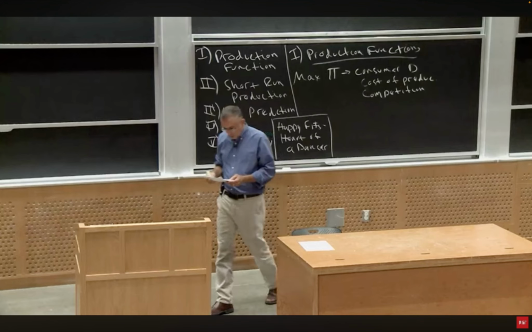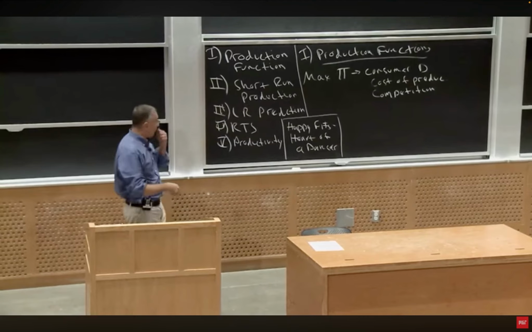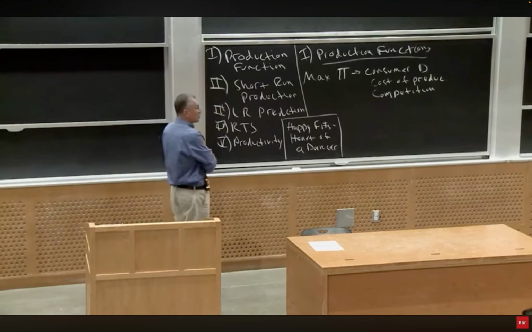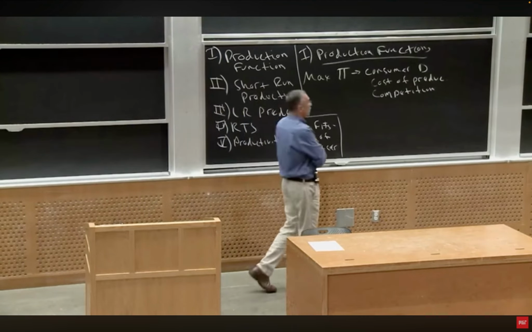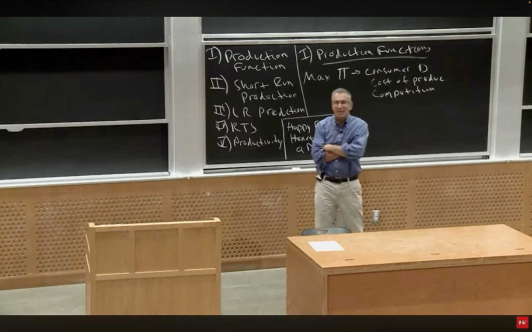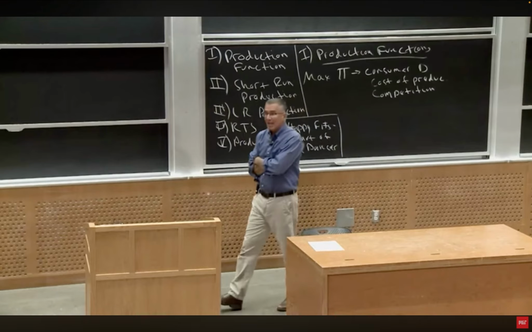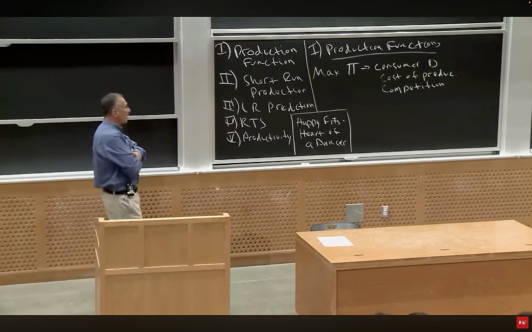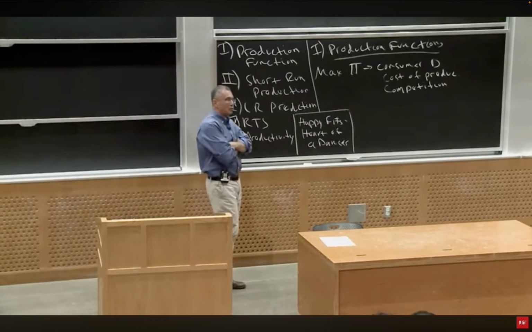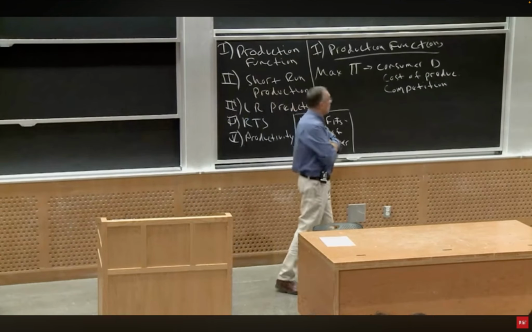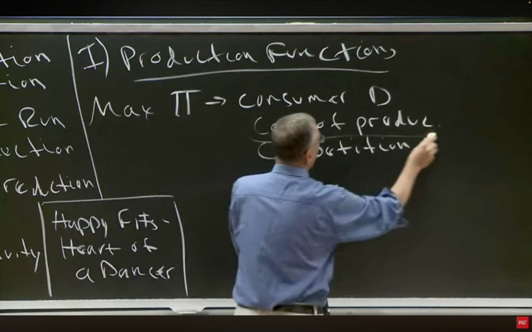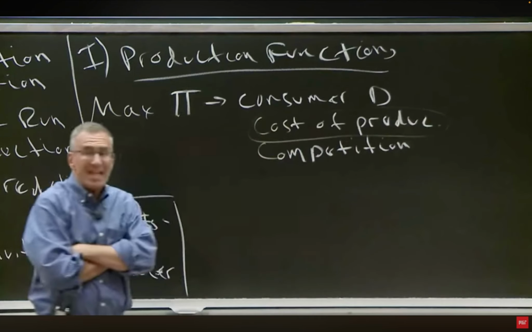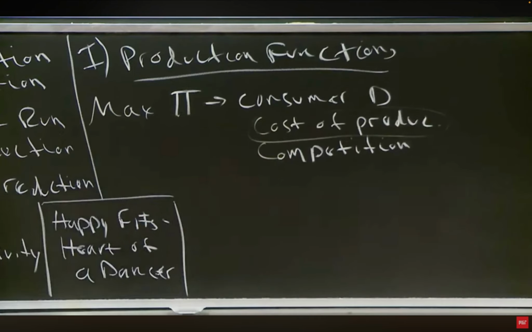Now, the first and the third are things which are largely out of the firm's control. Not totally out of the firm's control. We'll come back to how things like advertising might affect demand and how things like monopolies might affect competition. But in the standard model, view them as sort of out of the firm's control. Take them as given. What the firm controls is the cost of production. That's what's under their control.